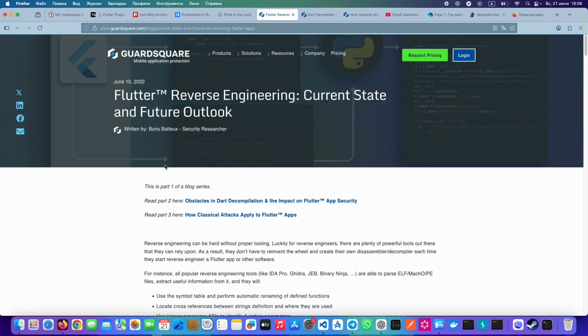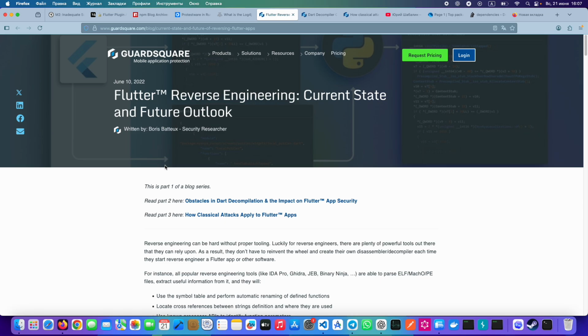Flutter compiles your code with AOT, or JIT, any kind of code. But the main difference between them is that JIT doesn't have as many optimizations as AOT.